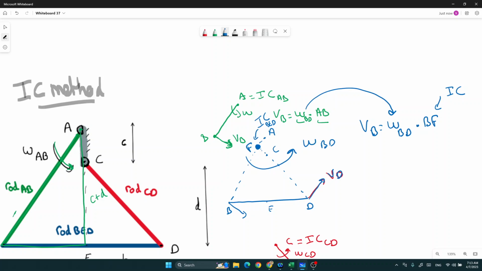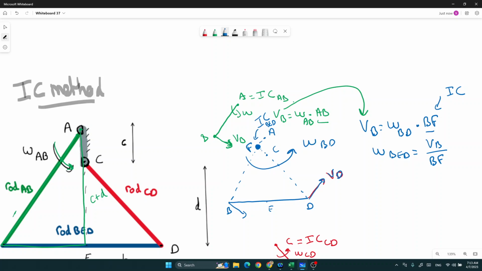So we know omega BD, not omega BD, sorry. Forget about what I said. That was omega AB. What I want to say is that we know VB, so we can find VB there. If we know BF, we can find omega BD. Omega BD or omega BED, because E is on this road, will be equal to the VB divided by the distance BF. So you need that distance.